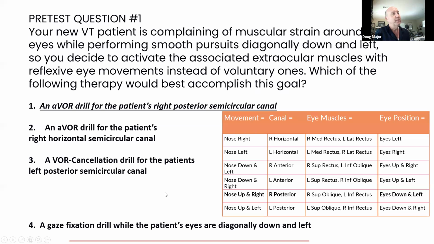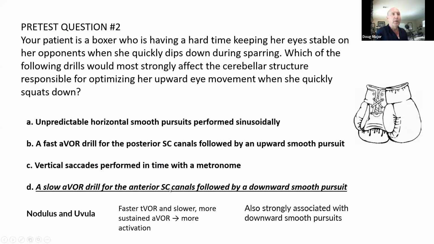For question number 2, you've got a boxer that's going up and down. Okay, so we know it's bobbing, so that's got to be more what we're thinking about, the saccule in that case. And so we need to do something to optimize her. So what anterior canal?